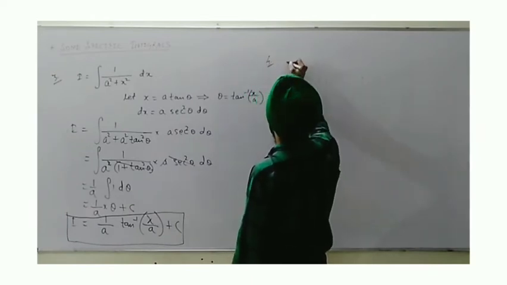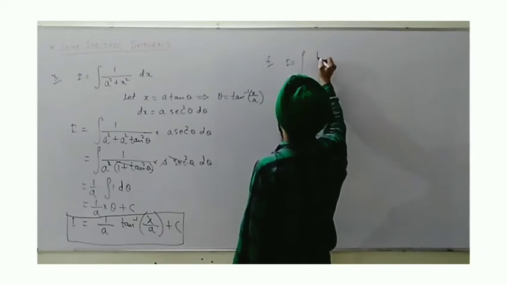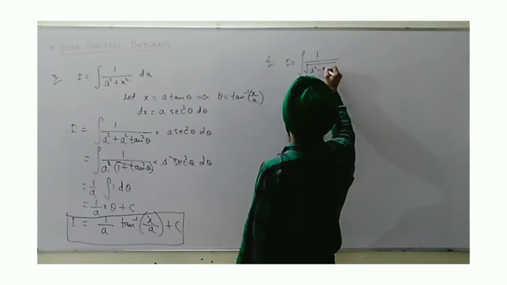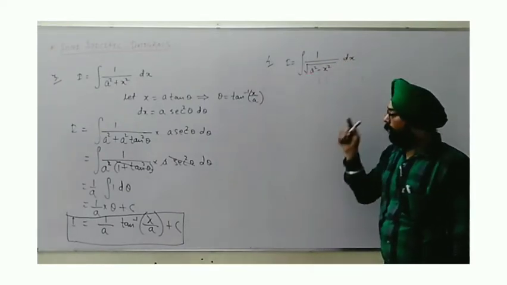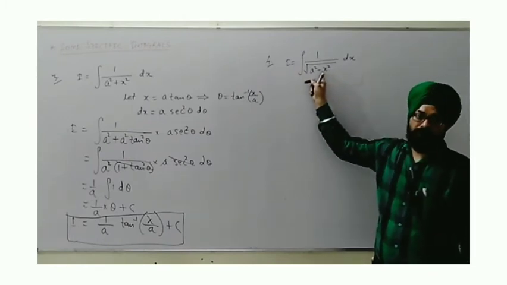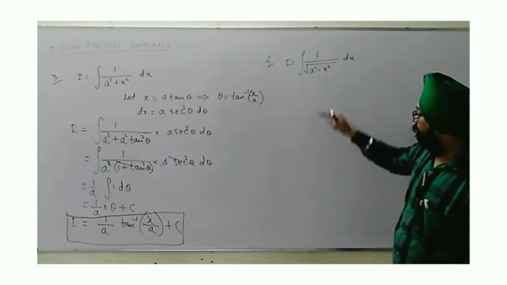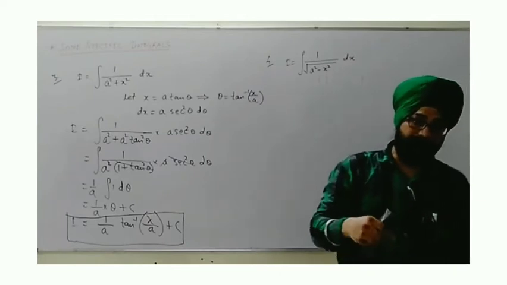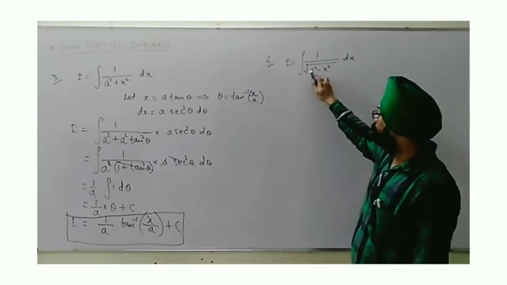If I take, first of all, we will think of 1 upon under root a square minus x square. Here also we will use the inverse trigonometric substitution. There is a reason: because this is given with a square root, the best way to eliminate this square root is this trigonometric substitution.